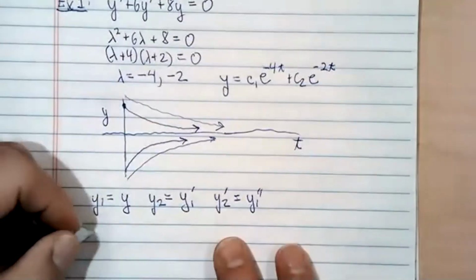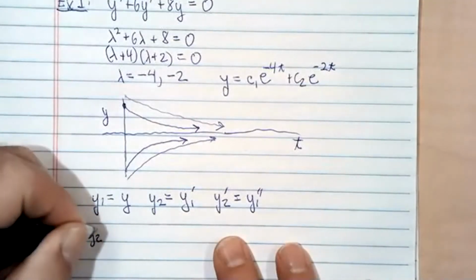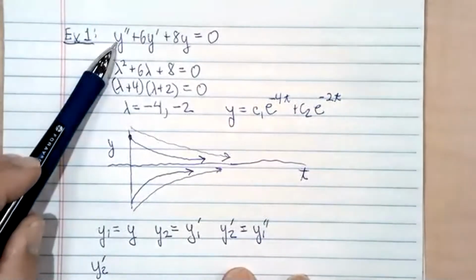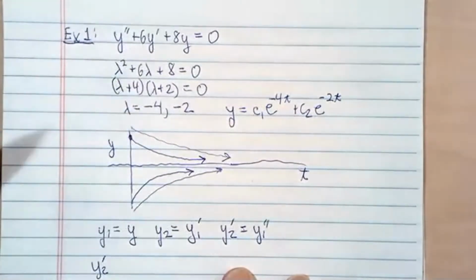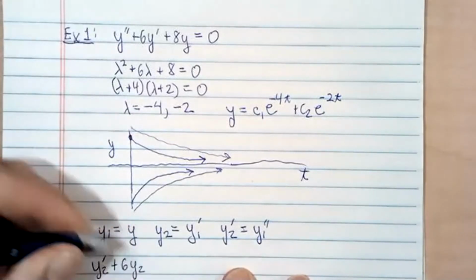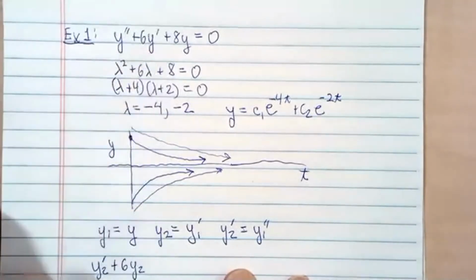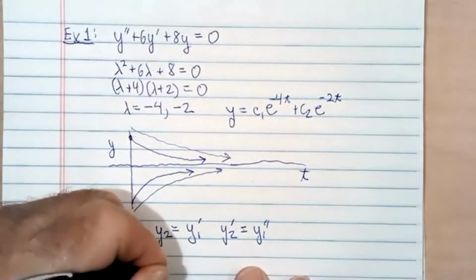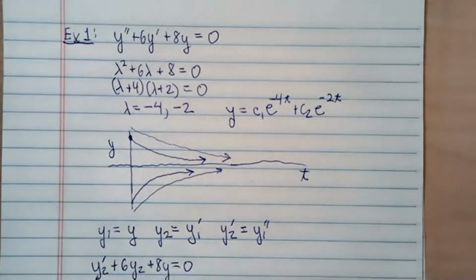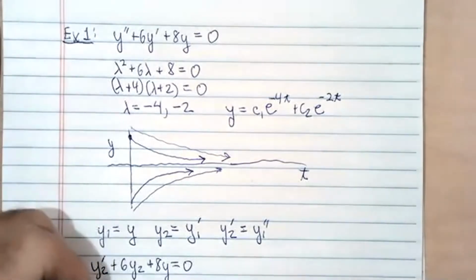So our equation becomes y2 prime plus 6y2 plus 8y1 equals 0. And this allows me to solve for the y2 prime line in my vector equation.